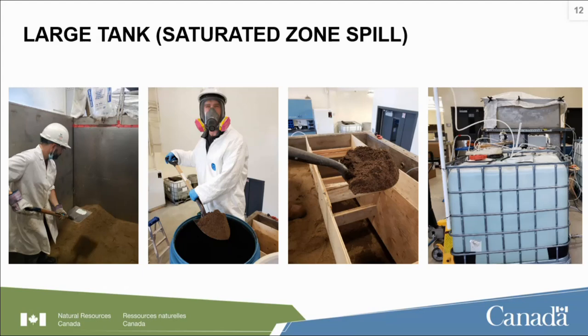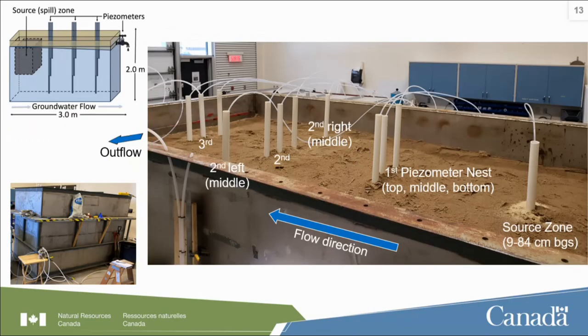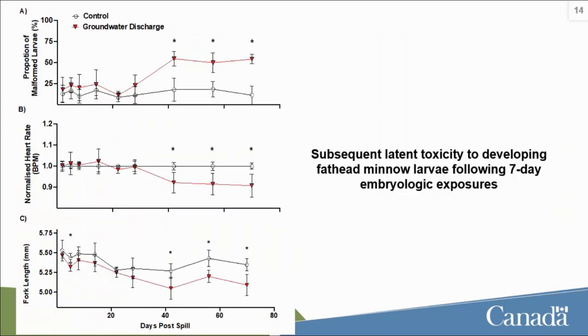We tried to minimize how much free phase there was that would bias our results. And so we created a system that had a flow of roughly 1,000 liters per day. And we created this hydraulic gradient, and we measured the leachate from a nest of piezometers across the tank.